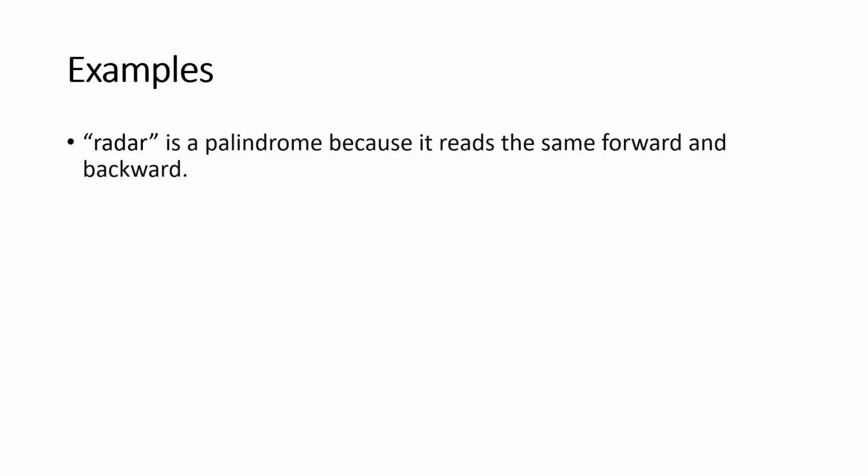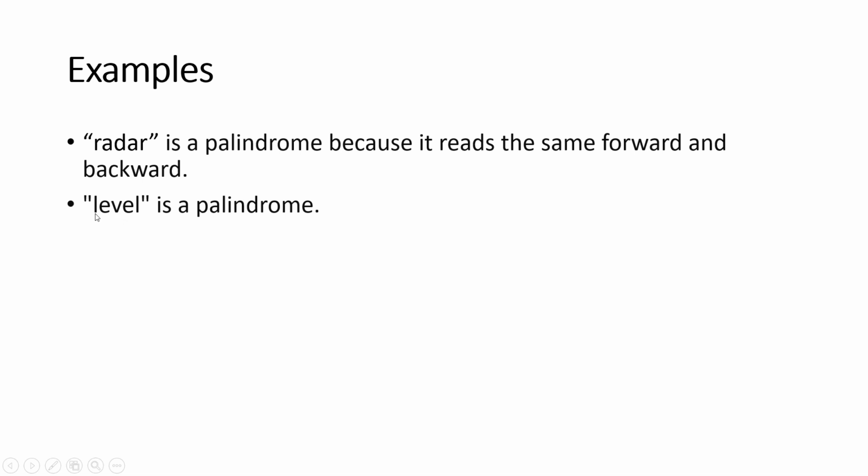Let's see some examples. Let's say radar. So radar is a palindrome because it reads the same forward and backward. So forward RADAR and backward RADAR, right? It reads the same forward and backward. Level is a palindrome, right?